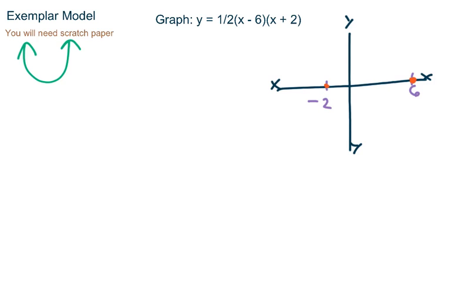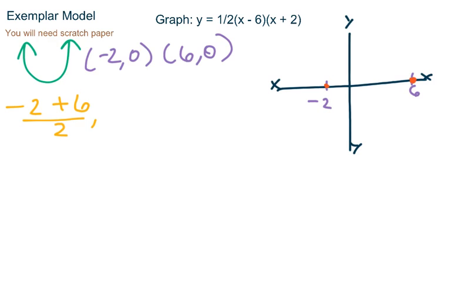So how are we going to figure out that point? Well, because our axis of symmetry is going to sit right in between our two x-intercepts, we're going to find what's called the midpoint. What is that middle number that those 2 points are evenly away from? So that means we need to find the midpoint. So we're going to take those two values, negative 2, and add it to 6, because our midpoint is taking 2 points, adding them, and then dividing by 2.